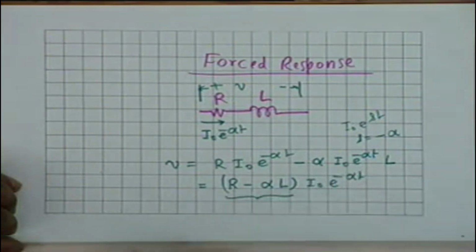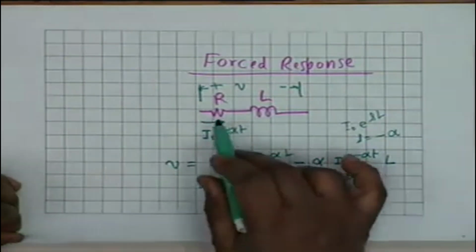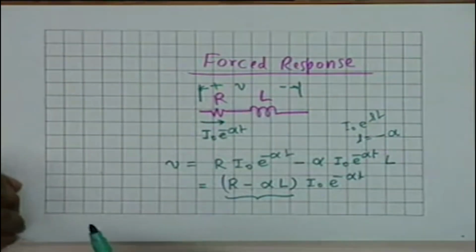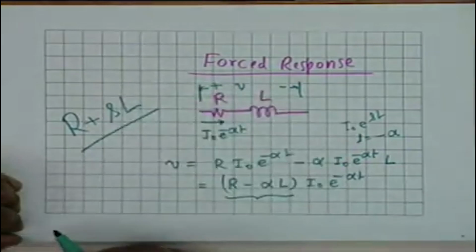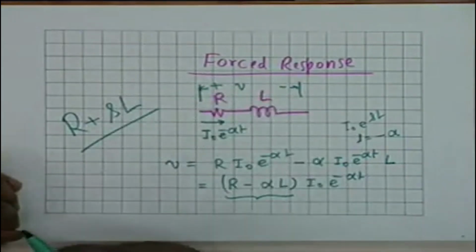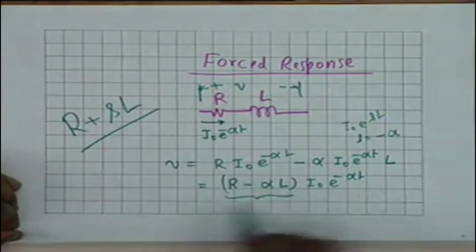You can see that R minus alpha L is simply the impedance of this combination for s equal to minus alpha. The impedance in general is R plus sL, but s here is minus alpha, and therefore this is the impedance.